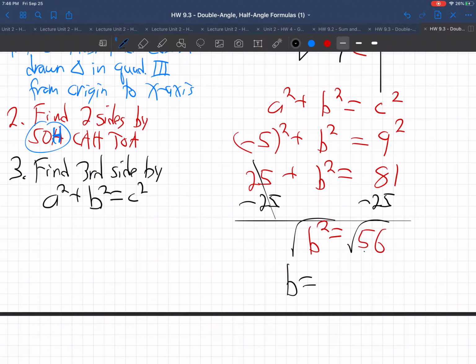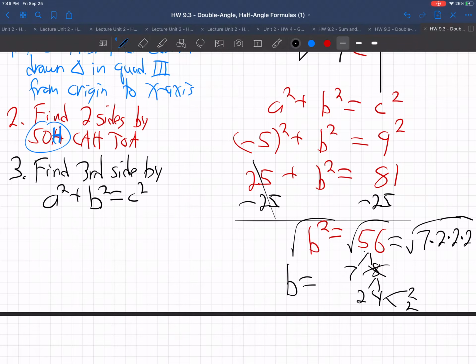I don't know if you remember that. If you break down 56, it's 7 times 8, and 8 is 2 times 4. And so that is the square root of 7 times 2 times 4. You don't need the 8 anymore; the 8 broke down. So 7, 2, and 4. In fact, that 4 can even break down to be 2 2's.